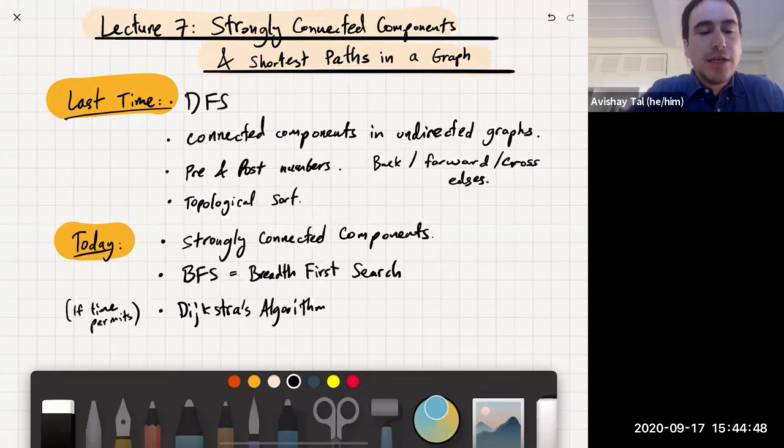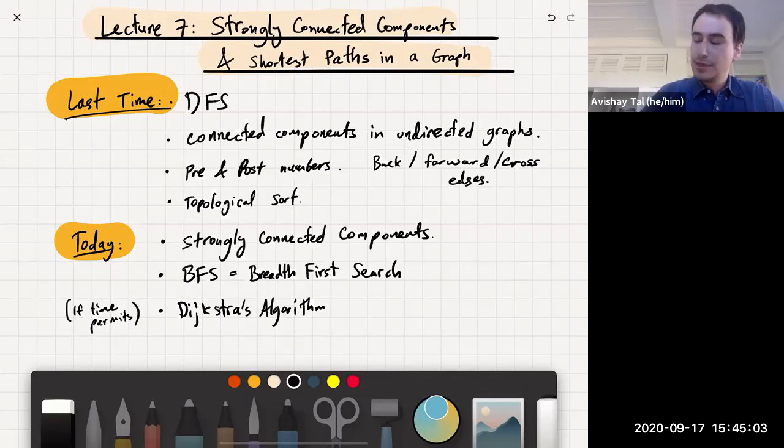And finally, we talked about directed acyclic graphs. These are graphs with no cycles. We proved and claimed that these are exactly the graphs where if you run DFS, you have no back edges.